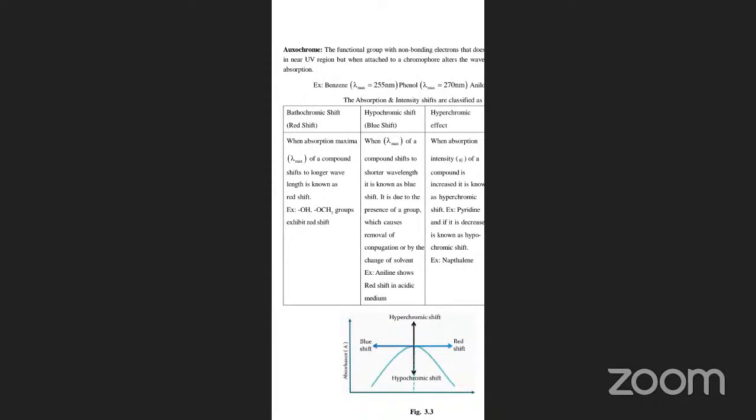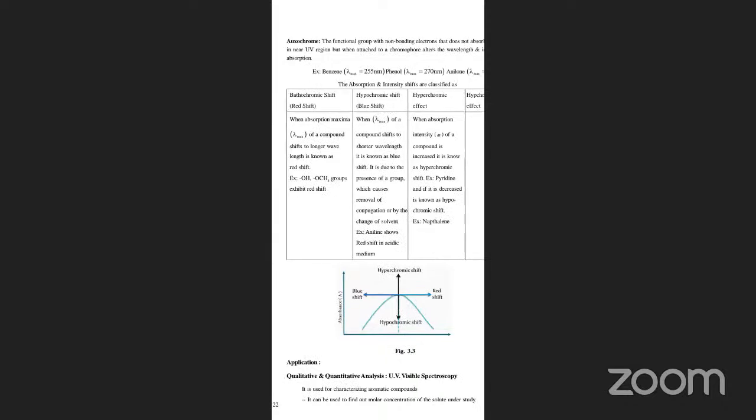Next, continuation is auxochrome, a functional group with non-bonding electrons that does not absorb radiation in the near UV region, but when attached to a chromophore alters the wavelength and intensity of absorption.